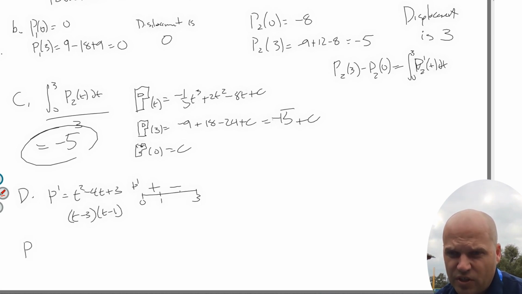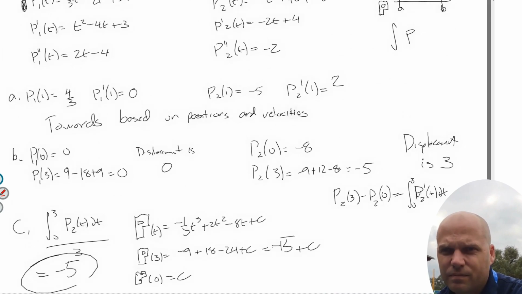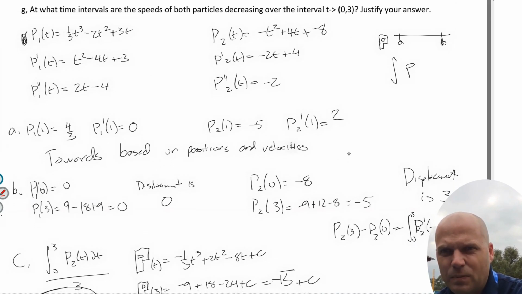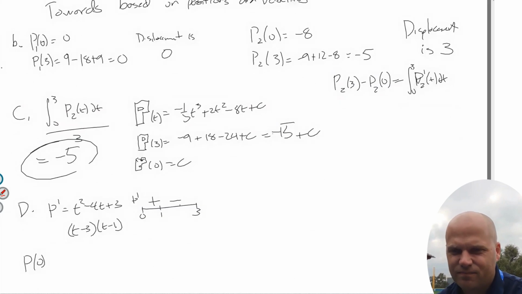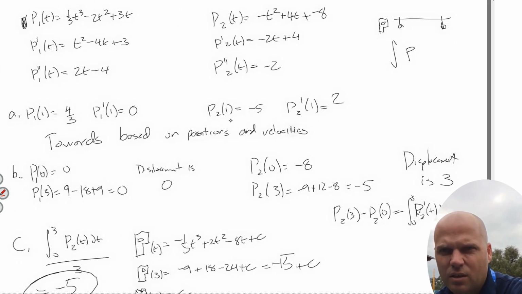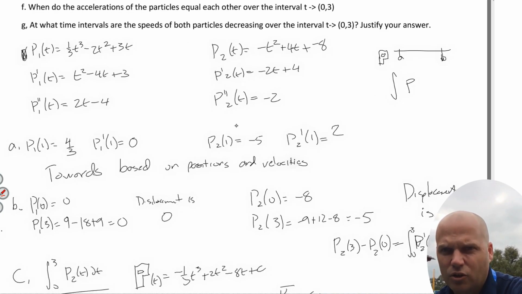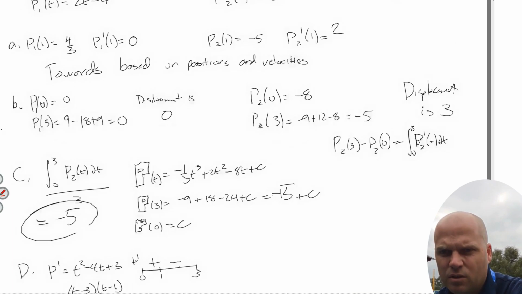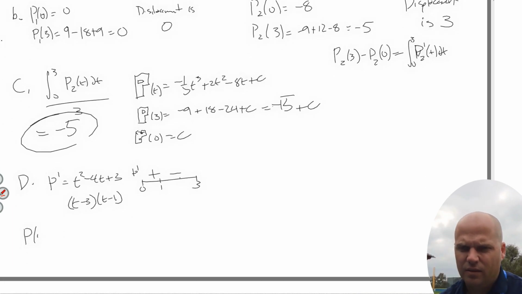We do have our position function. What is it? 1/3 t cubed minus 2t squared plus 3t. What was the plus 3? Was the plus 3 at the end? Oh, just plus 3t. It's literally the antiderivative. All right. So we do have our position function.